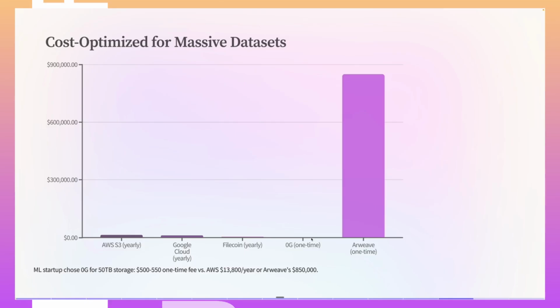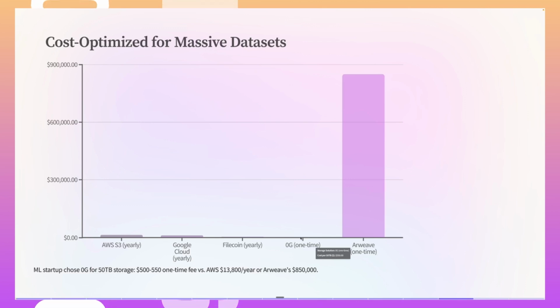Yeah, and I want to show you a chart. That's the cost comparison. I think you cannot find the line of 0G here, because this is the cost comparison of storing 50 TB of data in any other system.